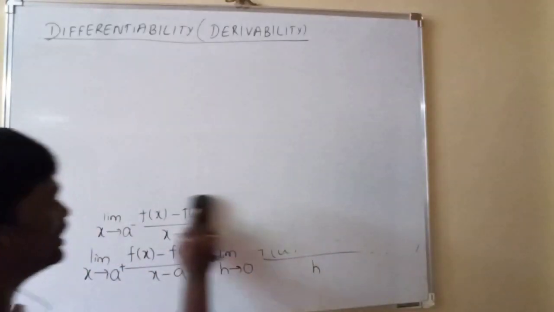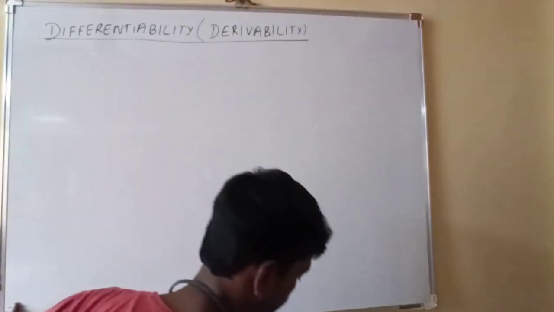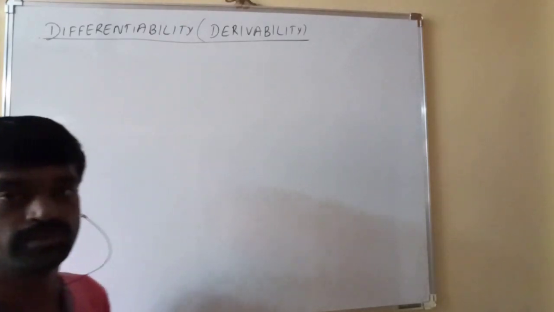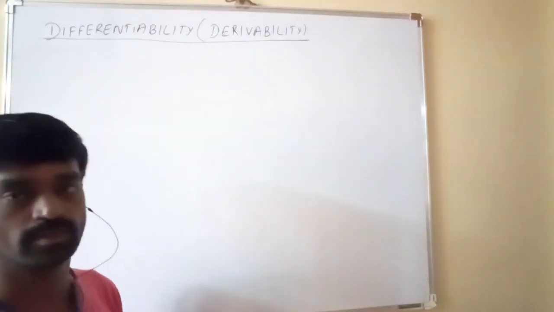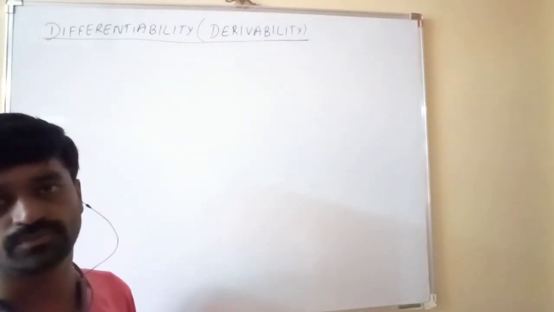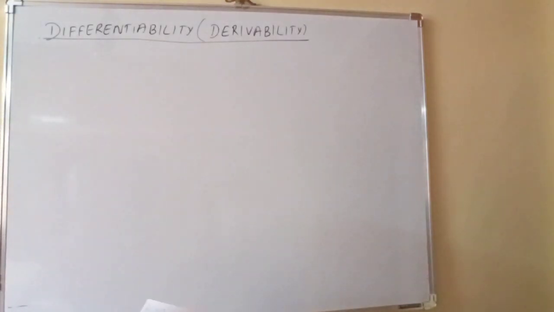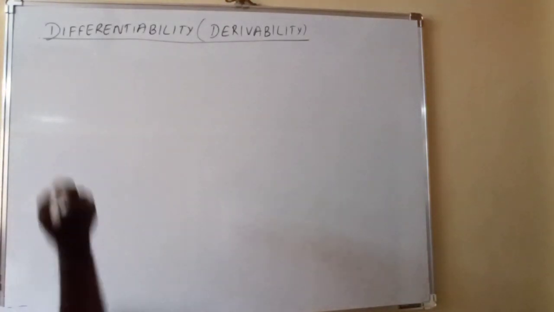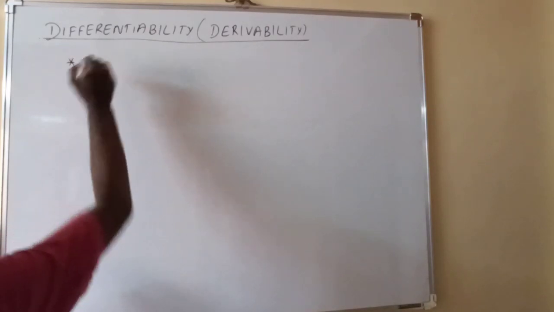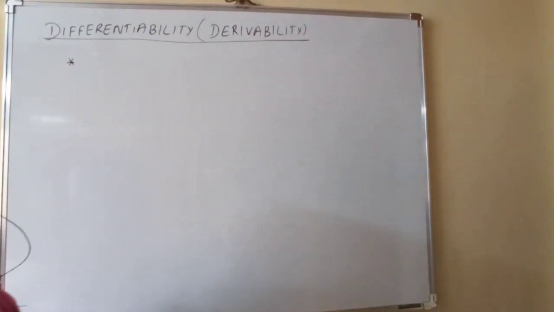So remember f dash of a minus, f dash of a plus, both definitions of f dash of a minus, f dash of a plus, and the definition of f dash of a. Okay. And remember one important theorem. So we learned this theorem even in PUC also.